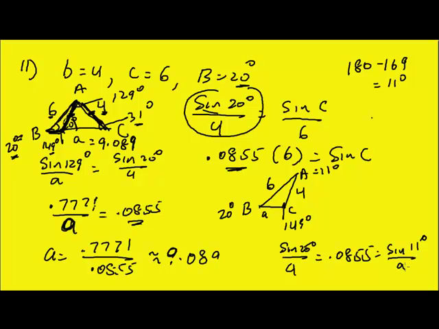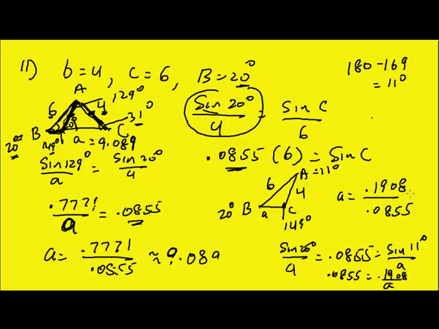Okay, so we need to find out what sine 11 degrees is. So sine of 11 degrees turns out to be 0.1908. So 0.0855 is equal to 0.1908 over A. So when we cross multiply this, my A turns out to be 0.1908 divided by 0.0855.